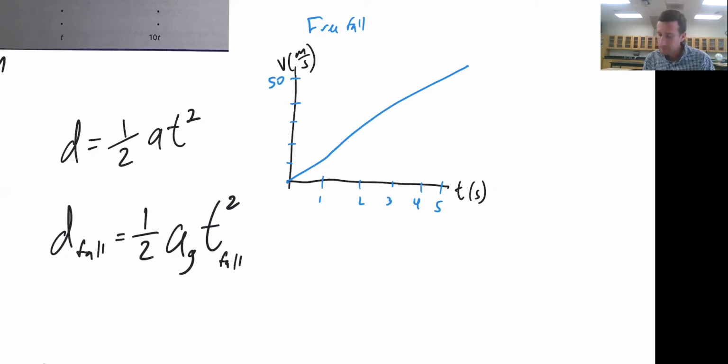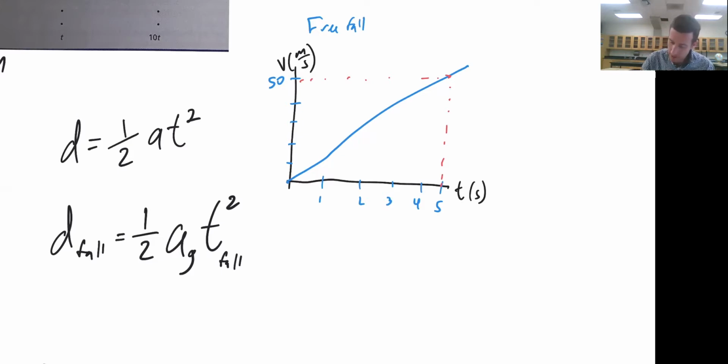So they end up matching up with each other perfectly. At time 5, I have 50 meters per second because the acceleration was 10 meters per second per second. Okay. So that's velocity versus time.